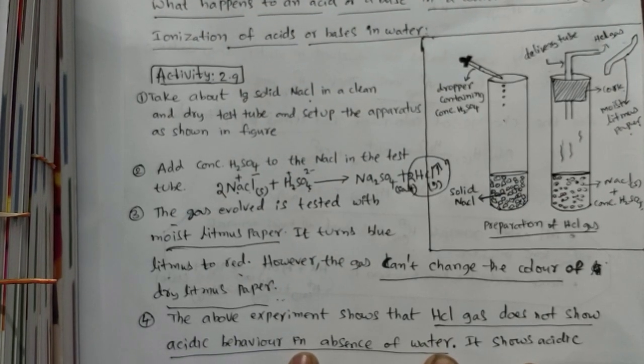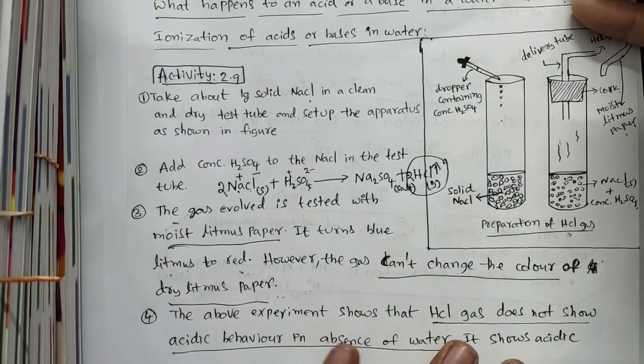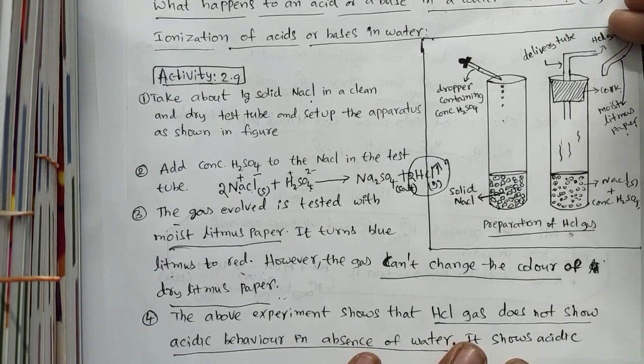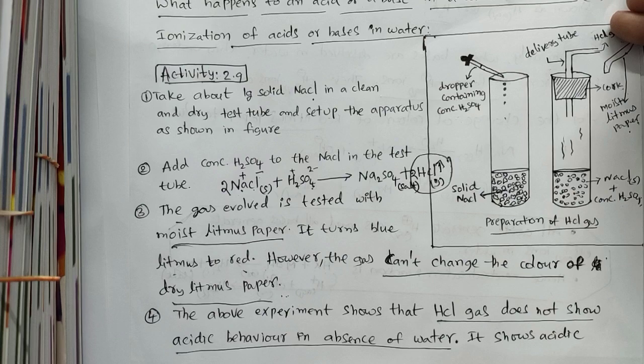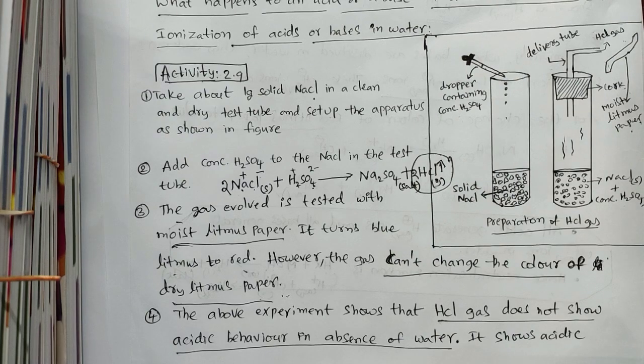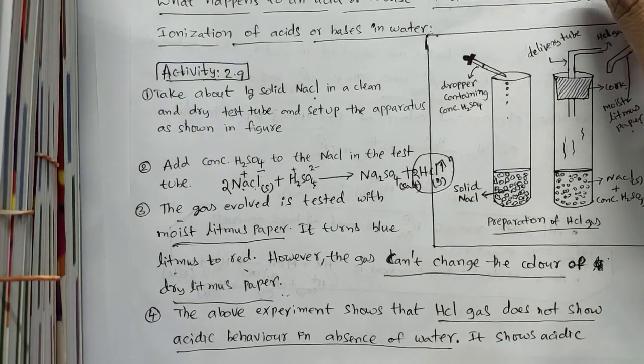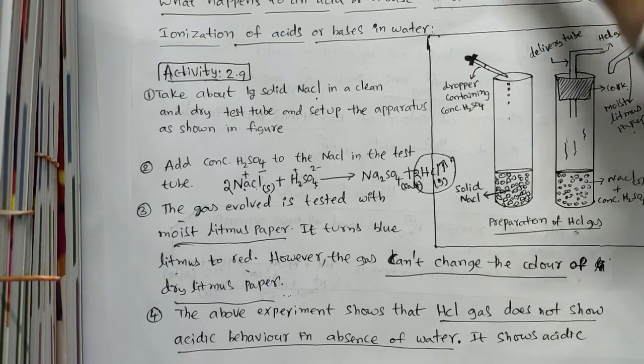Acids form H plus ions and bases form OH minus ions. This ionization is responsible for the change in color of the litmus paper. If this ionization does not occur in the case of dry HCl, it should not act as an acid.